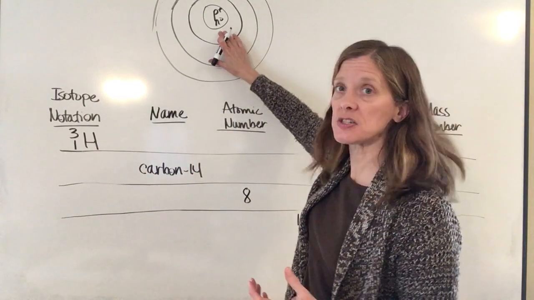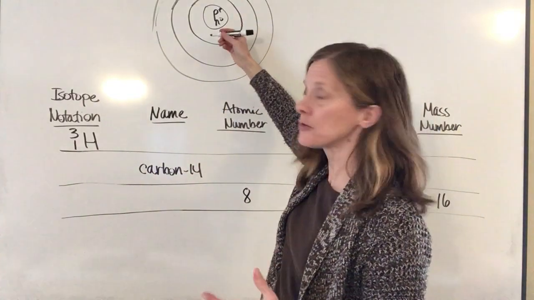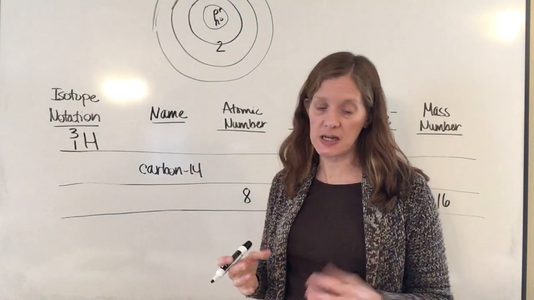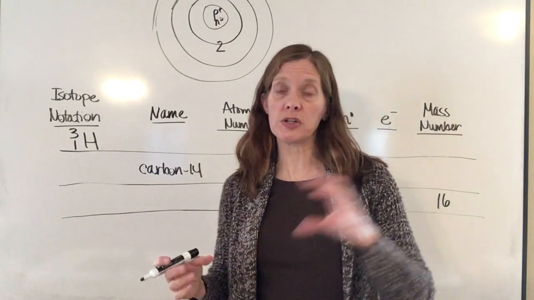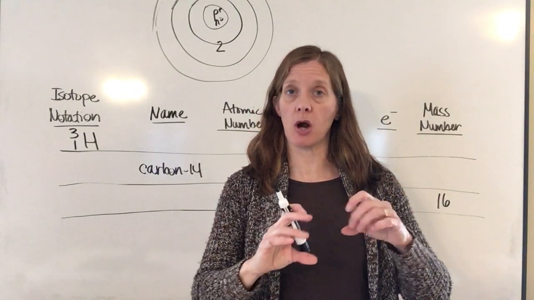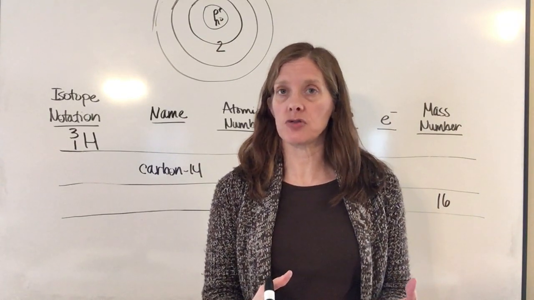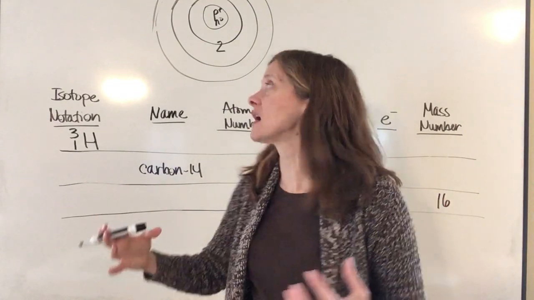So if your nucleus is right here, the first energy level that holds electrons can only hold 2 electrons. That's all the bigger it is. Just like protons all have the same charge and repel each other, electrons also all have negative charges, so they're going to repel each other and stay as far apart from each other as possible.